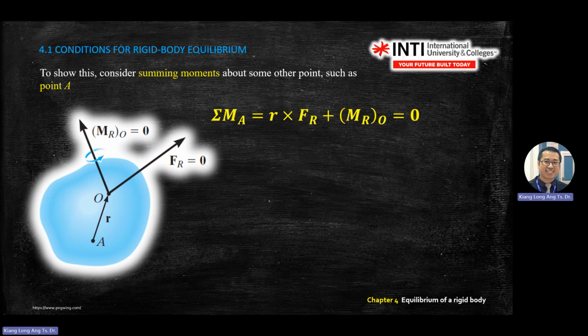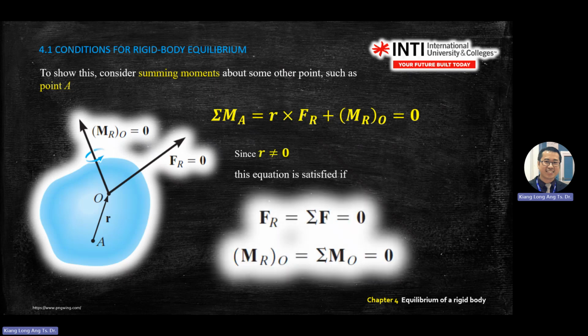If you see cross, means it's a 3-dimensional question. Scalar method only F multiply D only. Then plus M R O. So means moment on the body, you can move anywhere you want. It's still same.